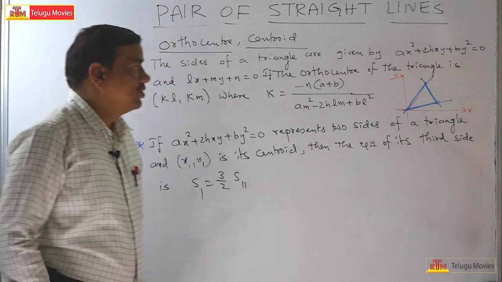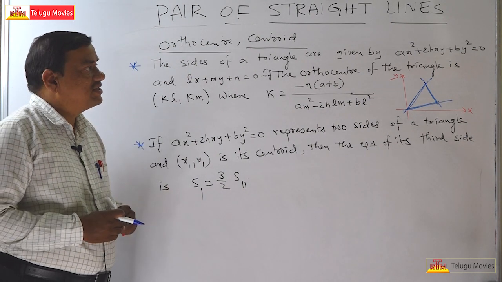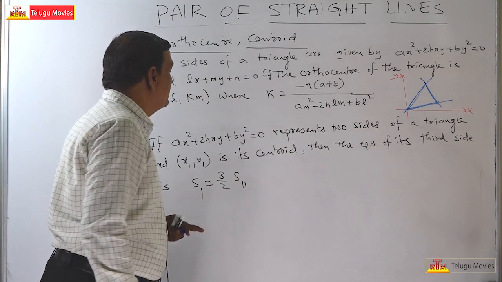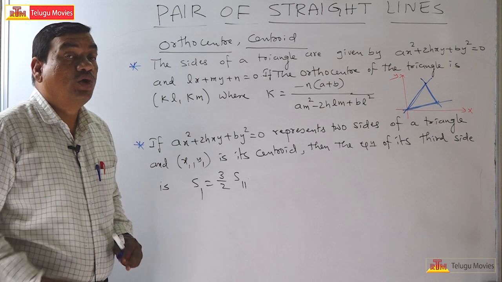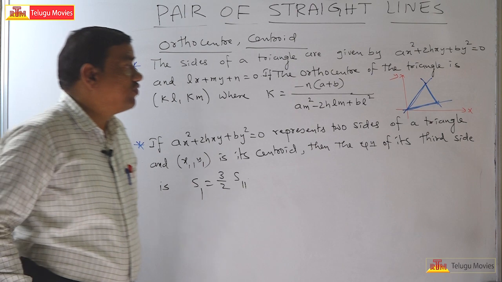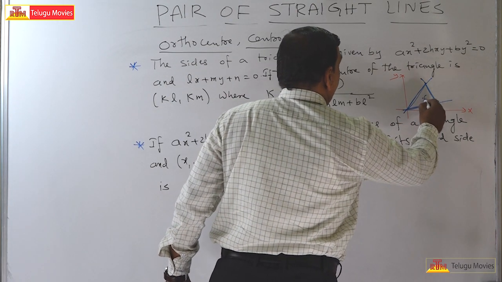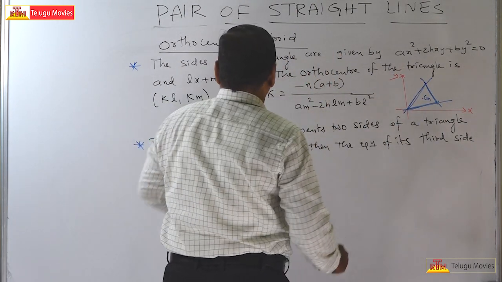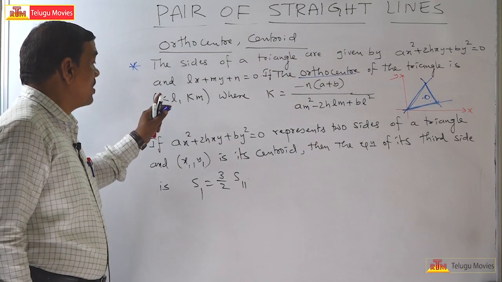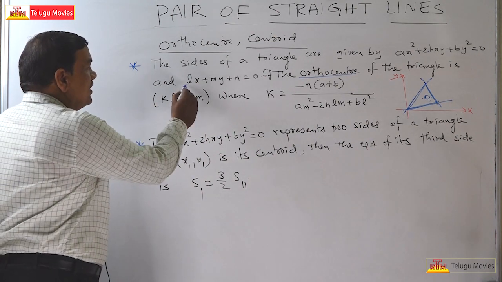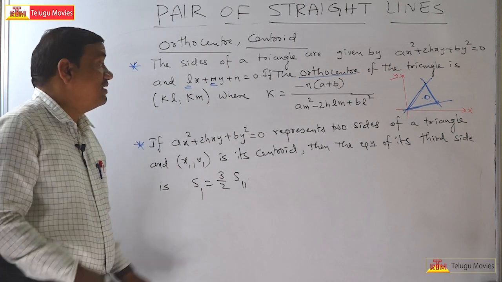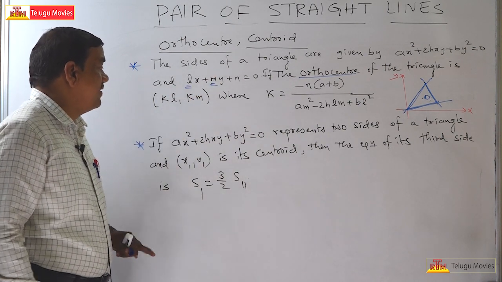Ax square plus 2hxy plus by square is a pair of lines passing through the origin, two lines, and one more line is lx plus my plus n is equal to 0. All these three lines together form a triangle. If you want to find the orthocenter of this triangle, it is given by the formula (Kl, Km), where you multiply l and m by K. What is K?